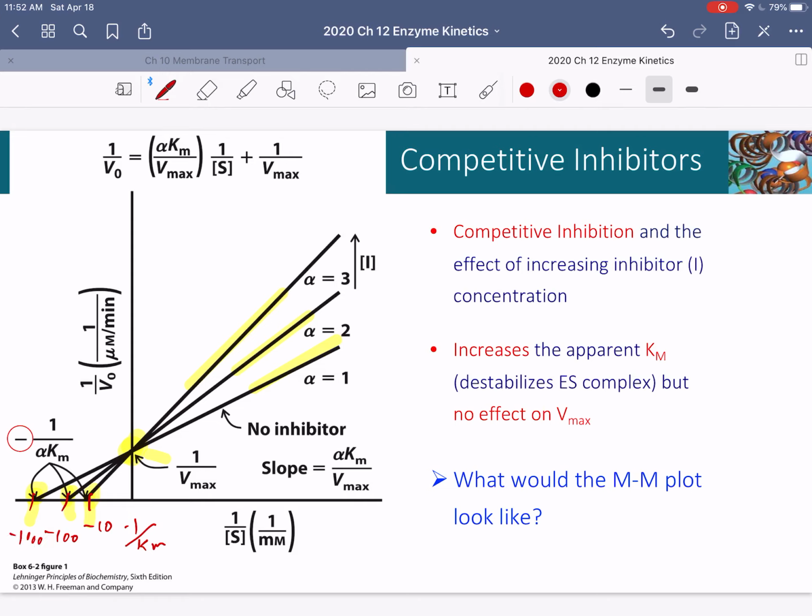So as you're adding inhibitor, you are increasing minus 1 over Km, okay? So that's what's happening as you increase. So alpha 1 is your first experiment with no inhibitor. So minus 10 is minus 1 over Km.